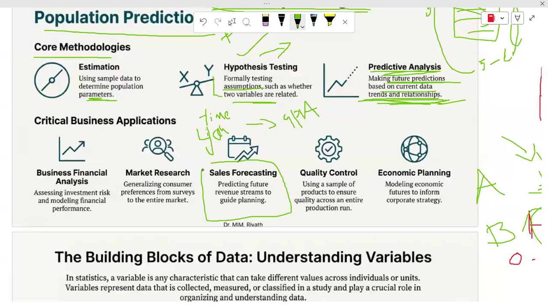Quality control: using a sample of product to ensure quality across the entire production run. In the production process, you have to randomly check, for example, milk powder, which is produced in 400 gram packets. The standard packet is 400. If any packets are less than 400 or more than 400, it will have serious consequences.